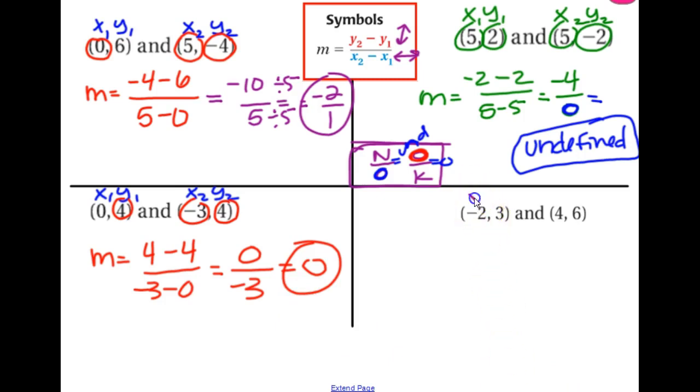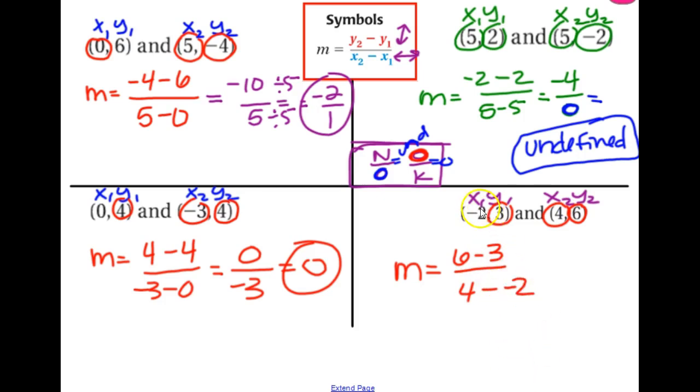And our last one like this, here's x, here's y, first point, here's x, here's y, second point. So, plugging it in, y2, which is 6, minus y1, which is 3, and then x2 minus x1. x2 is 4, minus x1, which is a negative 2.